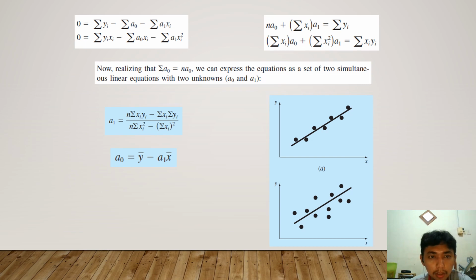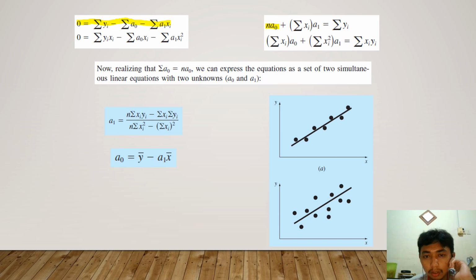Okay, we obtain 0 equal to sigma yi. We distribute the previous statement, and in this section we multiply a0 by n, where n is the number of data points, realizing that sigma a0 is equal to n times a0.